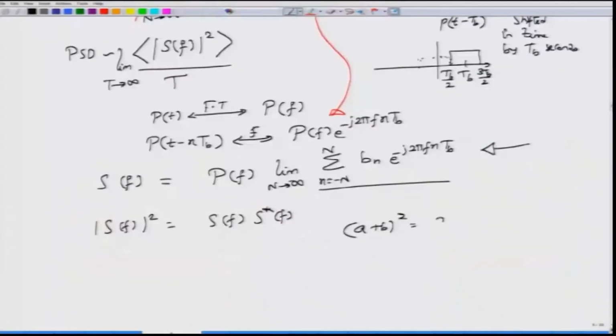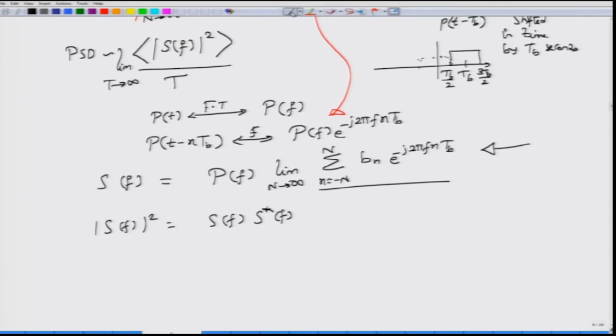This is square, not magnitude square, therefore you just write the same thing twice, and this can be written as the sum of ai, i equals 1 to 2, times aj, j equals 1 to 2.